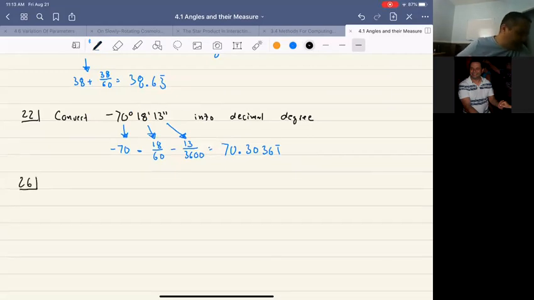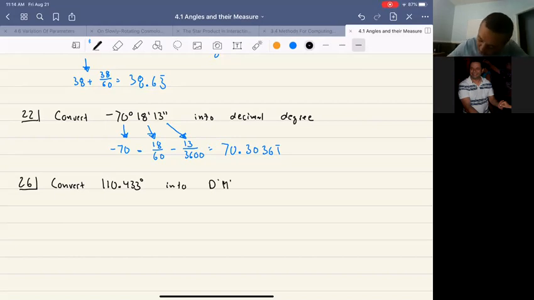Okay, so we're going to convert 110.433 degrees into degree, minute, seconds.